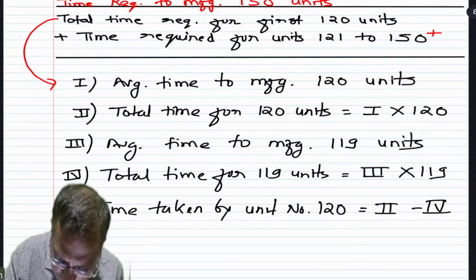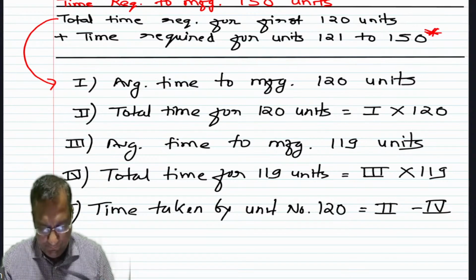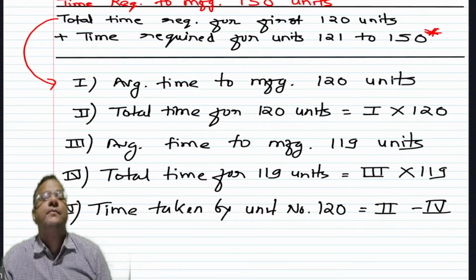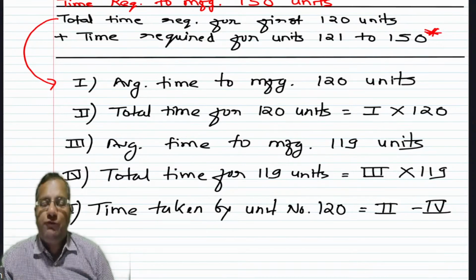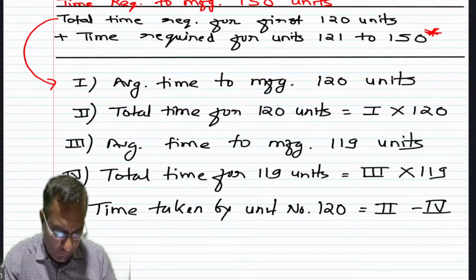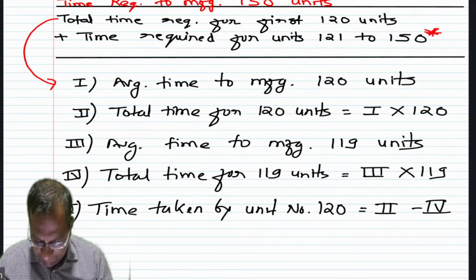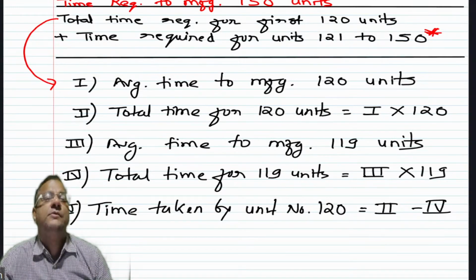और लिखिए बेटा, स्टार का मतलब, it will be time taken by unit number 120 multiply by 30 units.